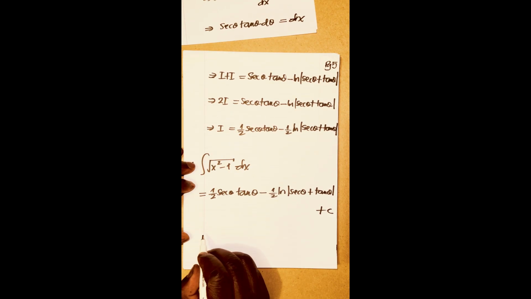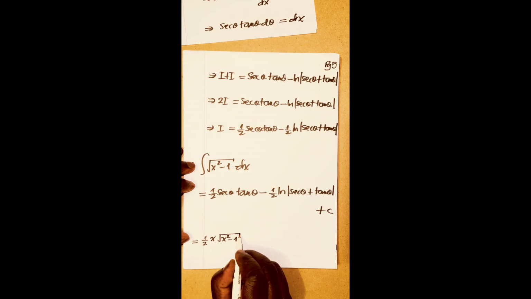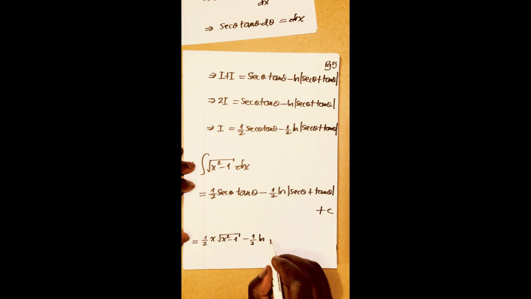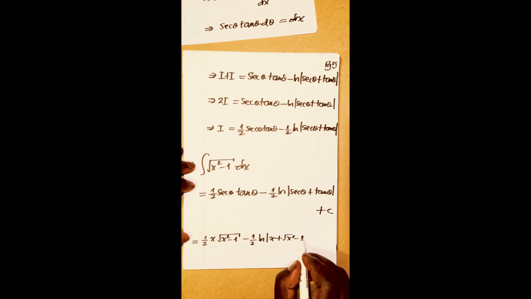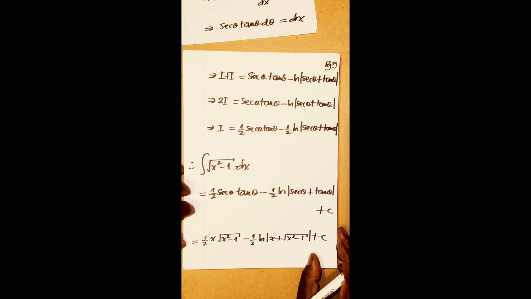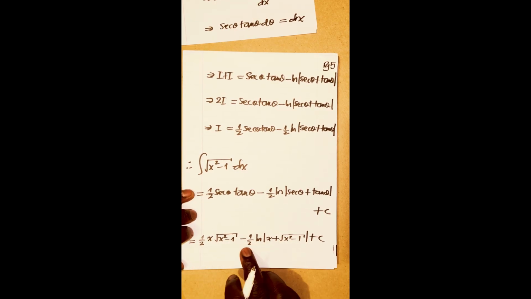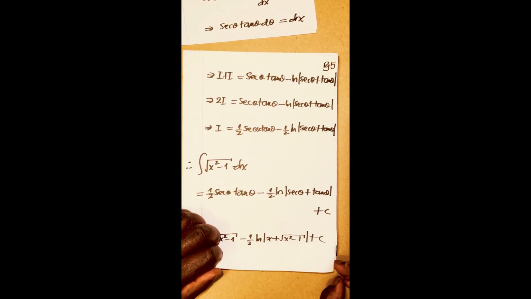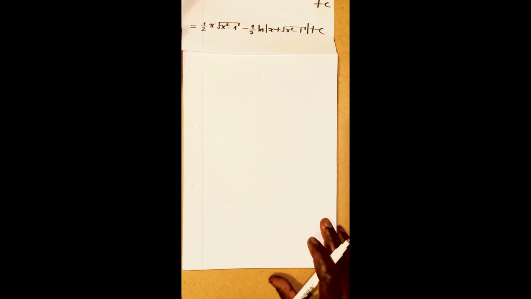So we're going to say now that expression is equal to half of secant of theta, which is x, tan of theta, like I told you, is square root of x squared minus 1, and then minus half the natural log of these two terms, which are just x plus square root of x squared minus 1, like so, and then plus c. Now you can write this as one expression because of the half there, taking us to complete this on our page 6.